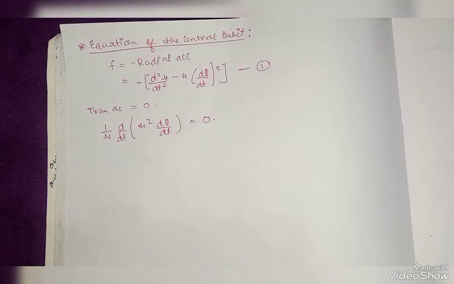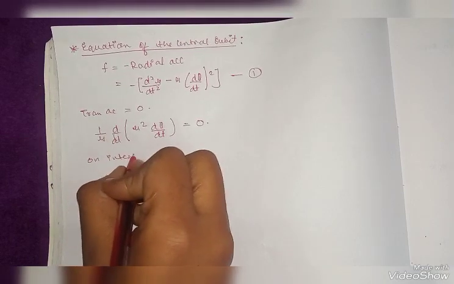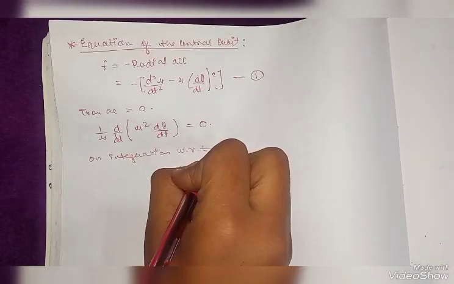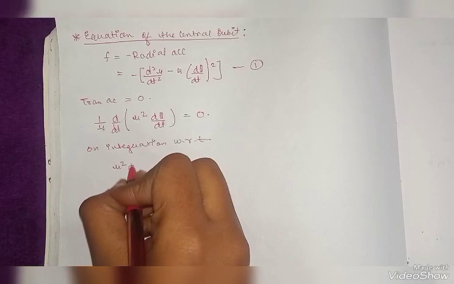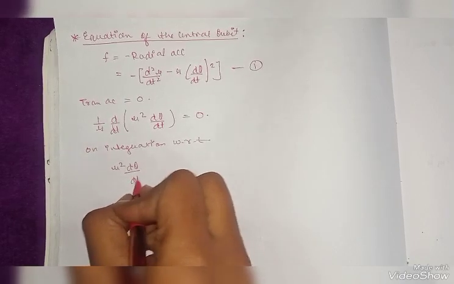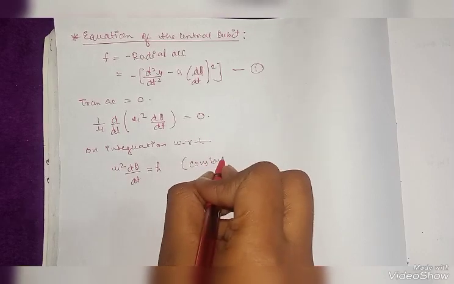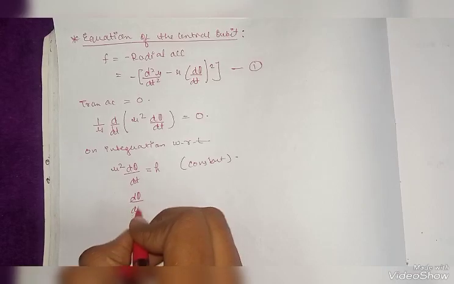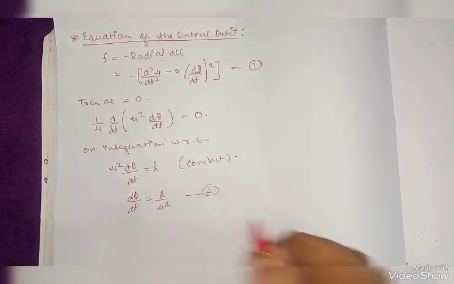On integration with respect to t, we'll get r square d theta by dt is equal to h. Here h is a constant value. So we'll rearrange it: d theta by dt is equal to h by r square. Let us consider it as equation number 2.